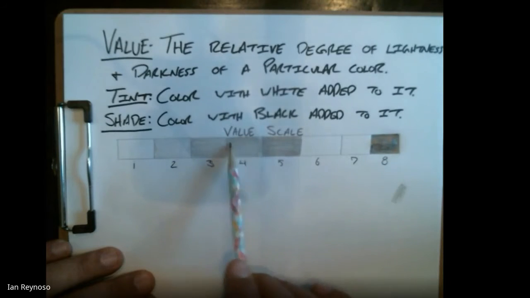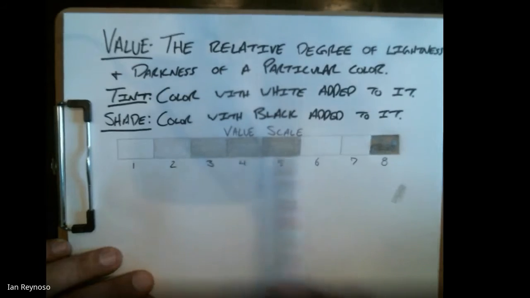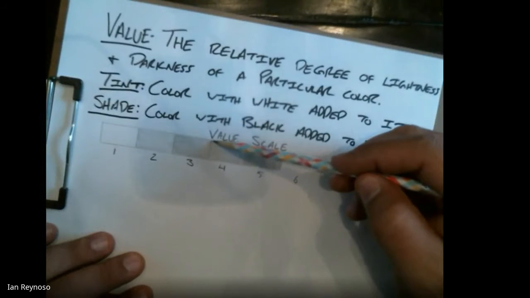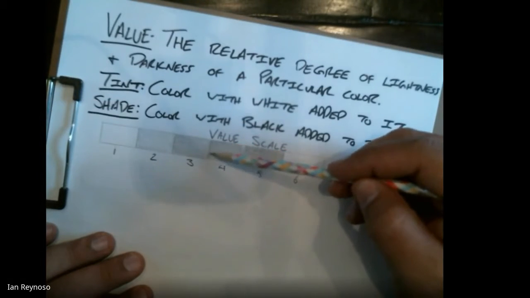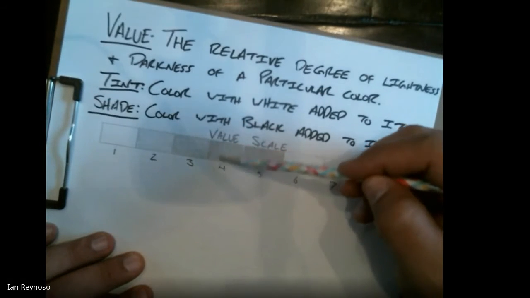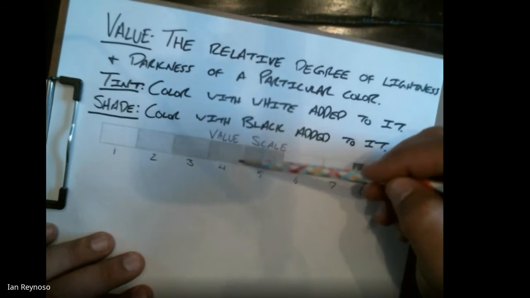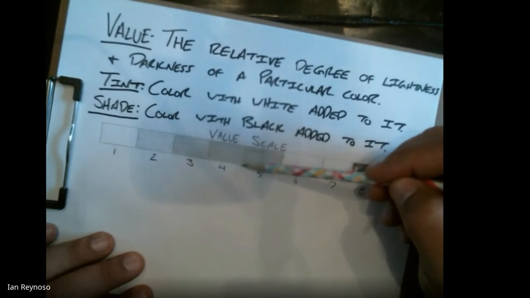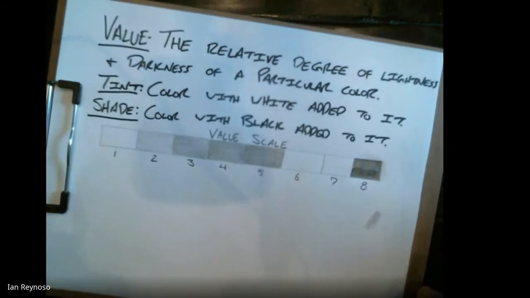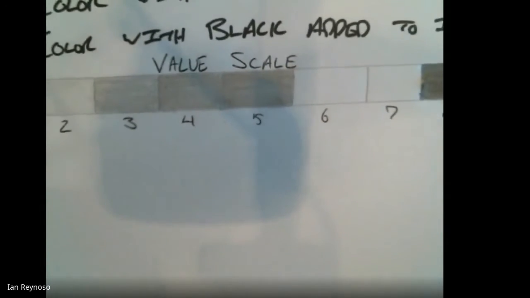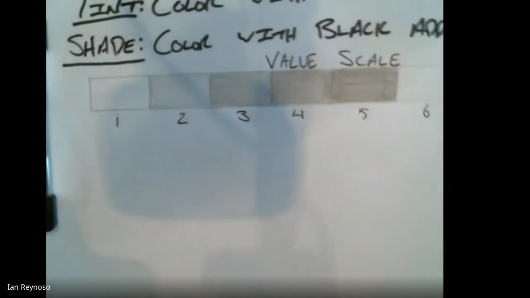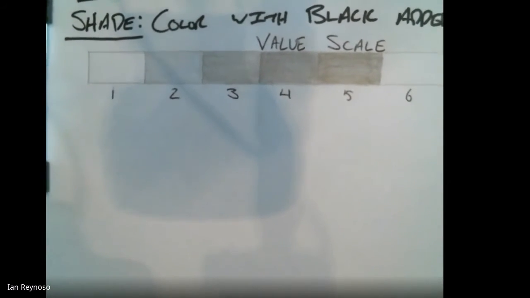It's also a practice to teach you how to see the difference in the value, because even though you might not understand it, there are value changes all around you. I think that's all right. And don't feel that you're challenged by me, because I've done value scales for like my entire life.